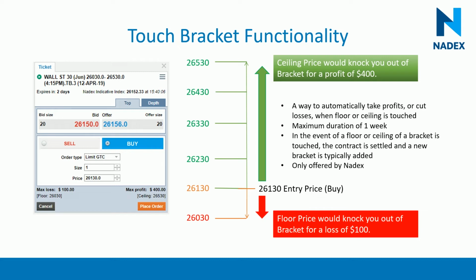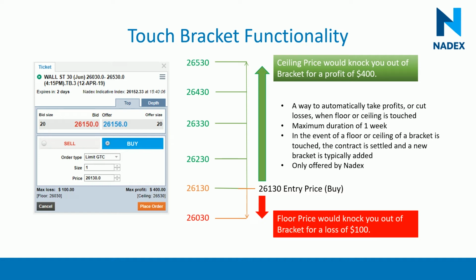But the whole idea behind the touch brackets, how they were designed, was so that whether you're long or short, there's going to be an opportunity where you can get in at a lower cost, fully defined risk, have good potential upside, right? And you can basically benefit from the effectiveness of leverage without having to worry about a severe market move creating losses beyond what you ever expected. You know up front what your maximum loss is. And these are only offered by Nadex.